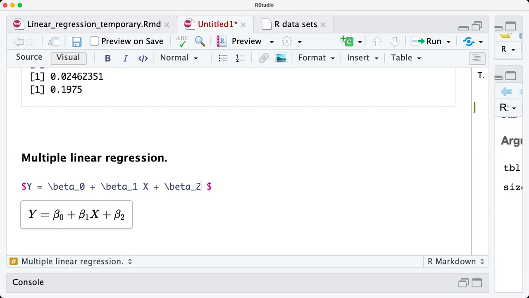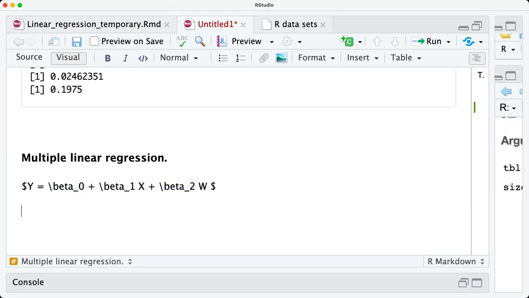W is a good name, I guess. So let's take a data set.